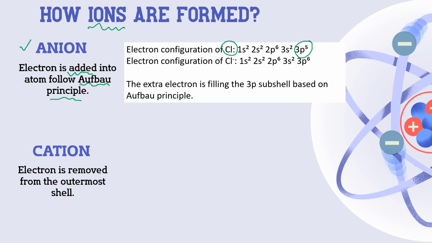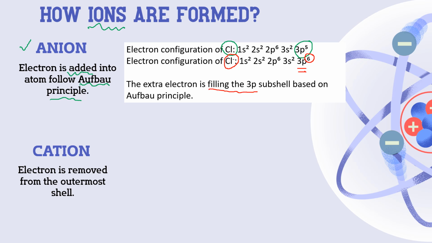For Cl-, which needs to gain 1 electron, the electron is added to the 3p, so it becomes 3p6. This means 3p still had a vacancy and its energy is lower than 4s, so the added electron goes into the 3p subshell.